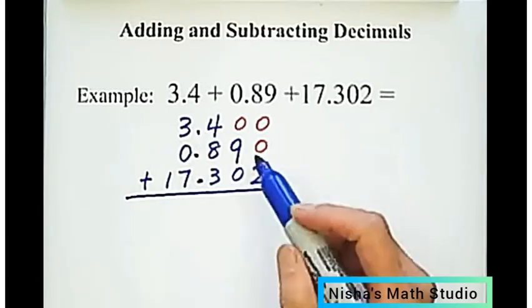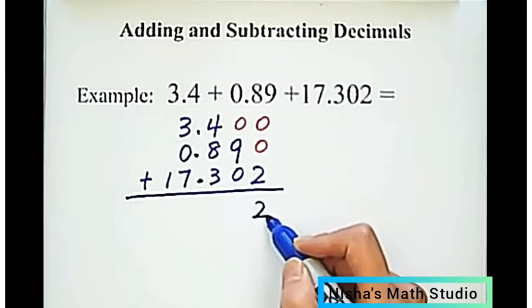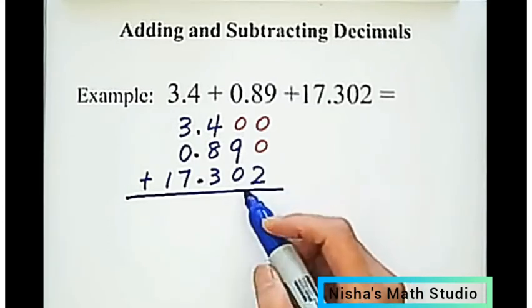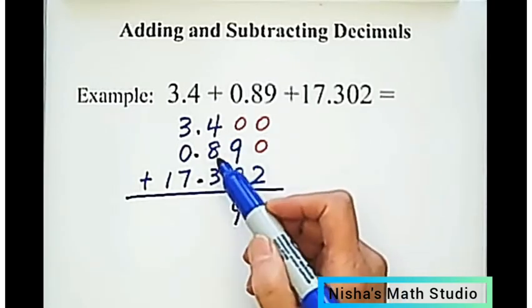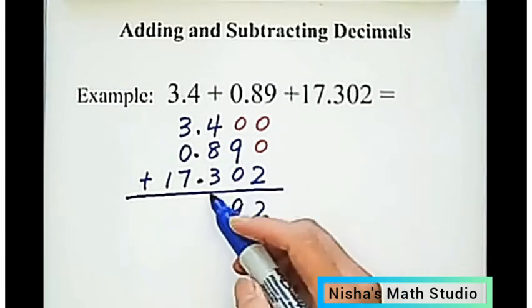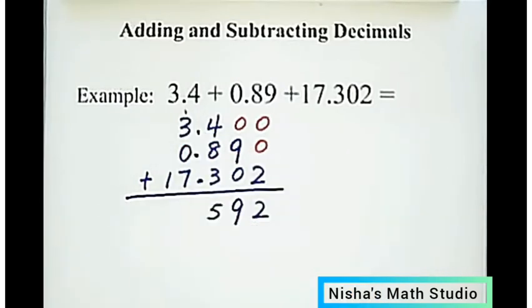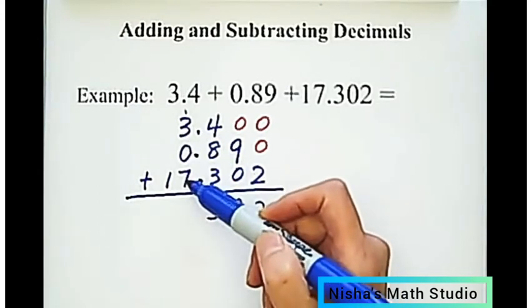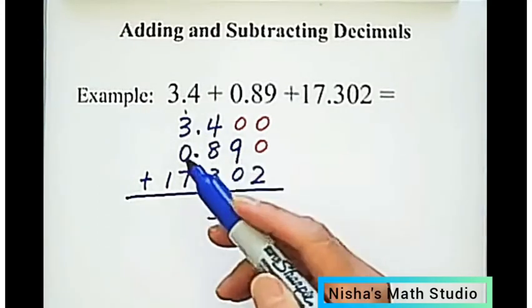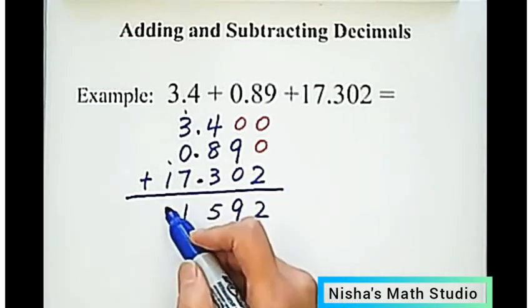Let's begin our addition now. 0 plus 0 plus 2 gives you 2. 0 plus 9 plus 0 gives you 9. 8 plus 4 plus 3 will give you 15, where 1 will be carried. 3 plus 1 gives you 4, plus 7 gives you 11, and 1 again you are going to carry.